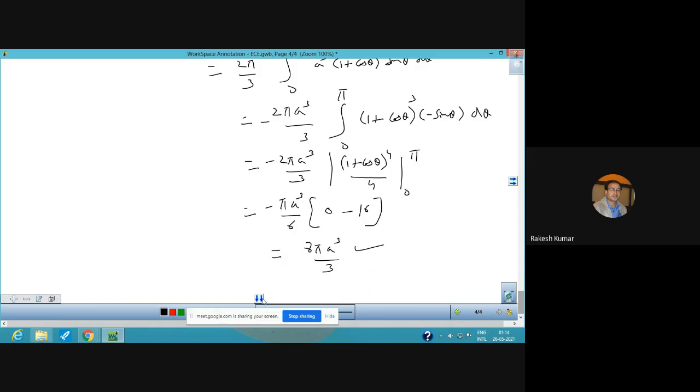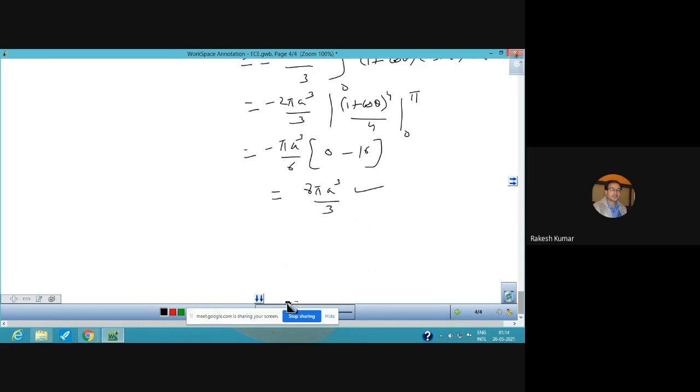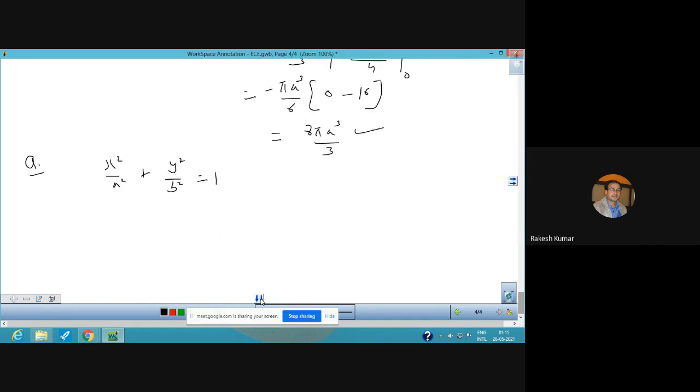Let us discuss one more question of the solids of revolution of the ellipse. Find out the volume of the solid of revolution by revolving the ellipse x square over a square plus y square over b square is equal to 1. Now we can revolve the ellipse about the x-axis and about the y-axis both.